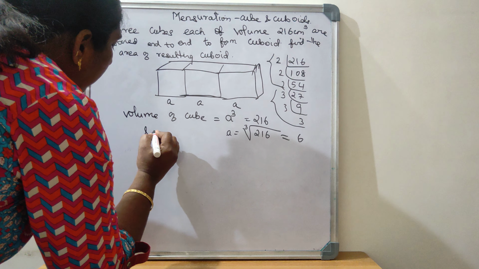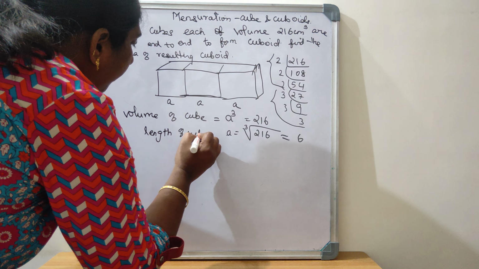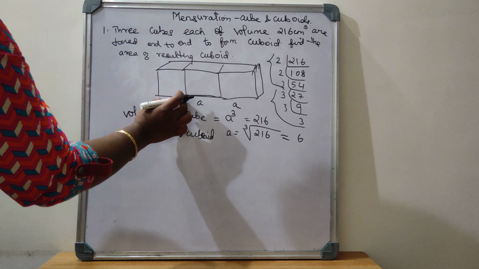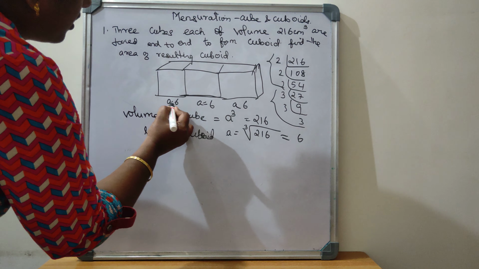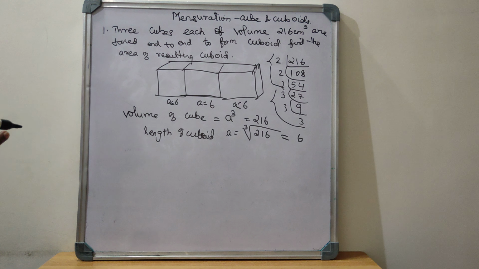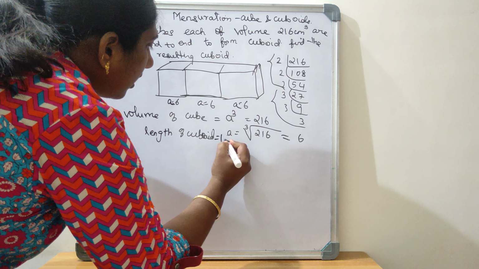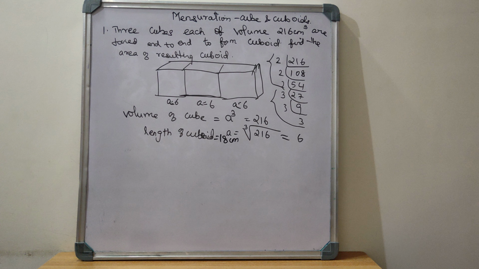And now the length of the cuboid. See, one side, this is 6, this is 6, this is 6. So the total length of the cuboid is 18 centimeter. Next, breadth.